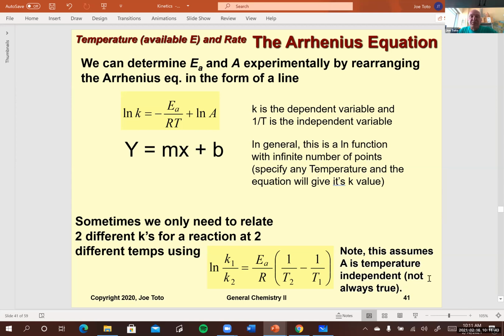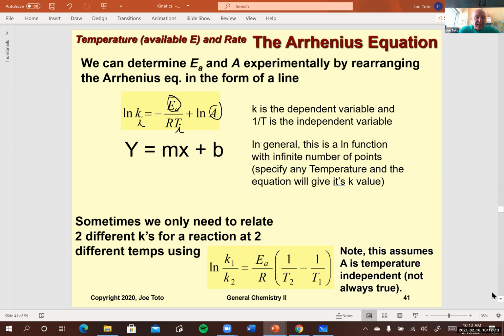Then we introduced the Arrhenius two-point equation because we were saying, even though this is an infinite point equation where you give me a temperature and that'll change my constant, and I can calculate that constant as long as I have the pre-exponential factor and the activation barrier for that specific reaction, what if I just had two points?